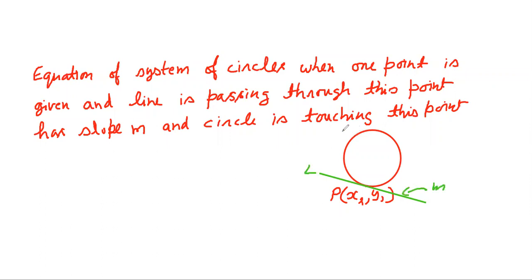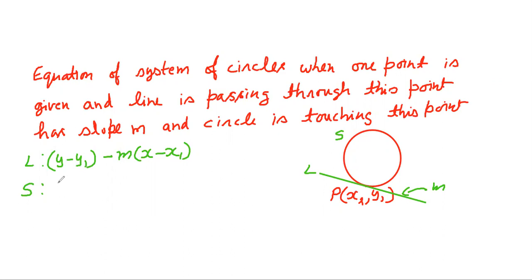So again, you know very well what is the equation of a line when one point and one slope are given: y minus y1 equals m times (x minus x1). This is the equation of the line. Similarly, what is the equation of the circle when only one point is given? I can make it with diameter 0, radius 0.